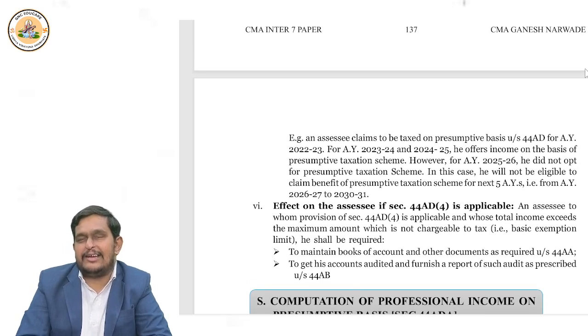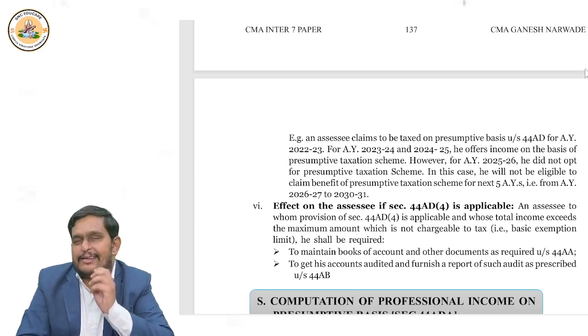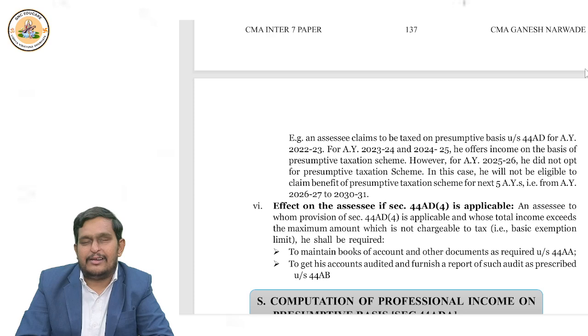Suppose you are filing return under ITR 4 and you are computing income as per 44AD and are ready to show that standard 6/8% income, then you need not maintain any books or get tax audit done.